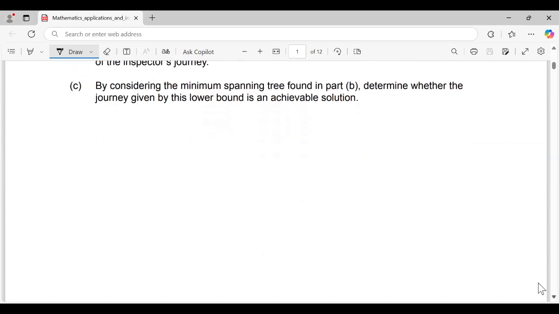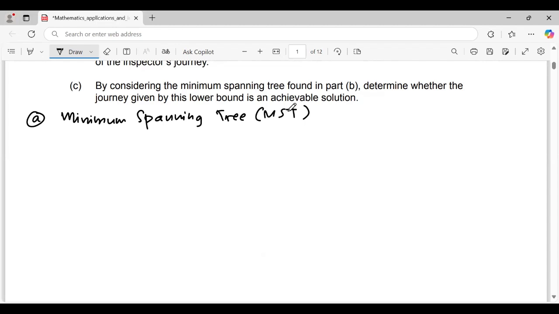So we're going to solve this question based on a theory, the minimum spanning tree, MST. Right.